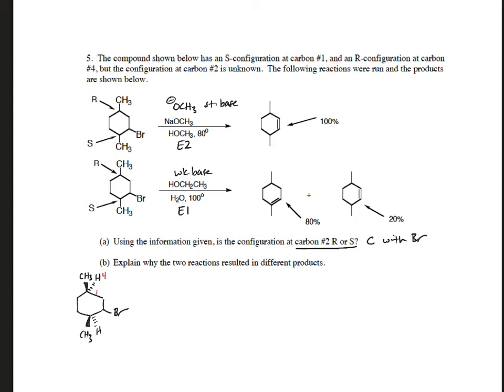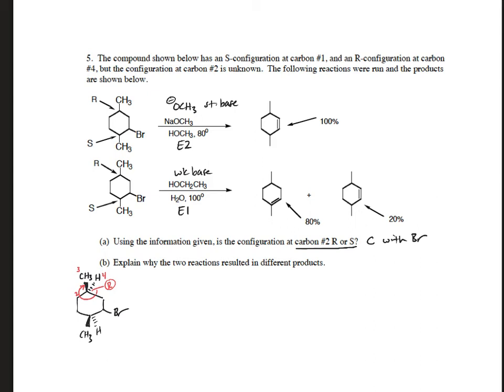The part of the ring without the bromine is 2, and the CH3 is 3. Let's see how I did. So I'm going to trace a path from 1 to 2 to 3, and it's clockwise, so it ended up being R. I was lucky. I had a 50-50 shot, right? So it ended up being okay to do that, so I don't have to switch anything.